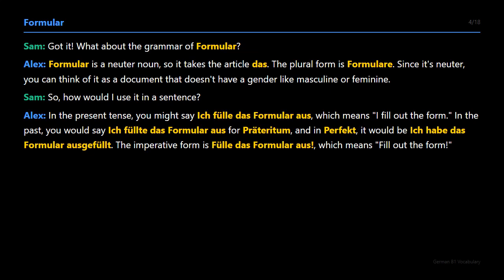So, how would I use it in a sentence? In the present tense, you might say, Ich fülle das Formular aus, which means I fill out the form. In the past, you would say, Ich füllte das Formular aus, for Präteritum.